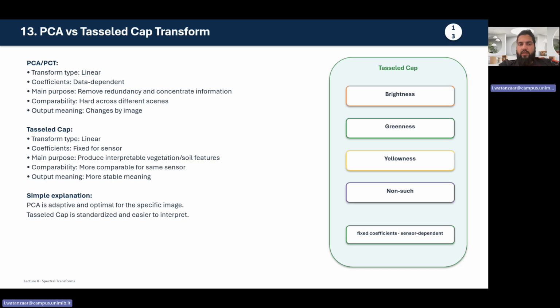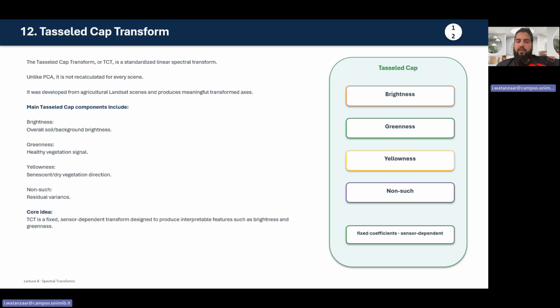The below one is the transform type in the Tasseled Cap transform. Both of them are linear transforms. In the coefficients, PCA is data dependent, while in Tasseled Cap the coefficients are fixed, or sensor dependent. For the sensor, we can fix all these: brightness, yellowness, greenness, and non-such, meaning residual. We have discussed this in the previous slide. It's the residual variance.